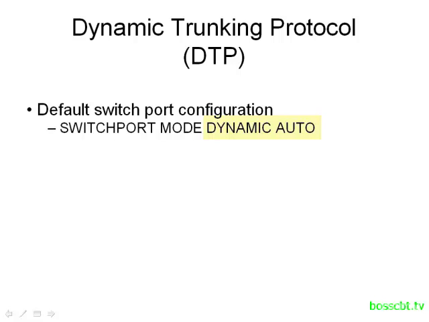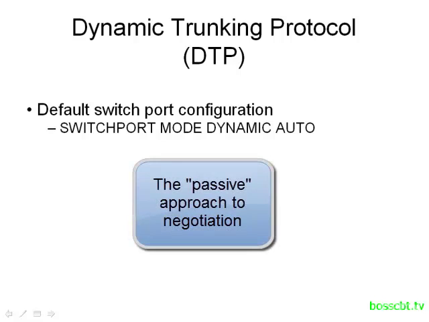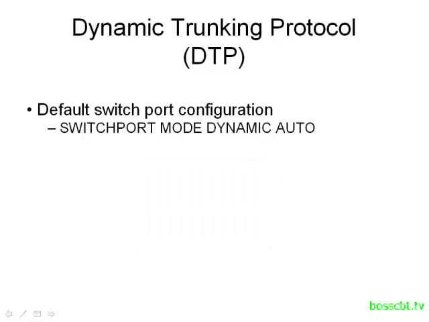And what this is saying is this switch port is willing to negotiate to become a trunk only if the other side initiates the negotiation by using DTP. So it's saying, yeah, I'm going to be a nice guy, I'm going to play along, I'm willing to become a trunk, but you have to take the first step. This is all happening by using the DTP protocol, and it's all little messages going over the link between the two switches. So this is our passive approach, and that is how every switch port is going to look on your switch when you first get it.